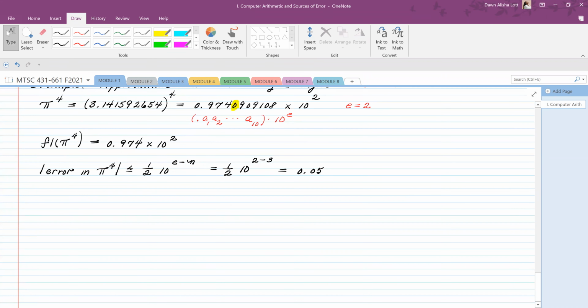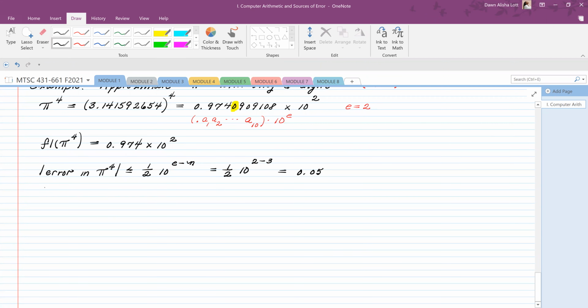And the relative error should be less than or equal to 1/2 times 10 to the minus n plus 1.